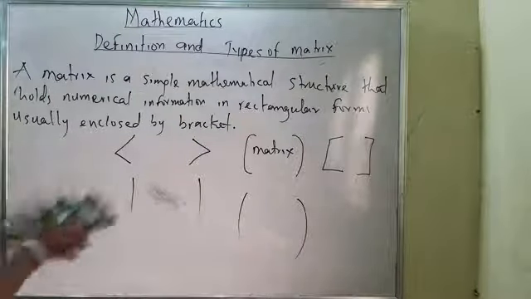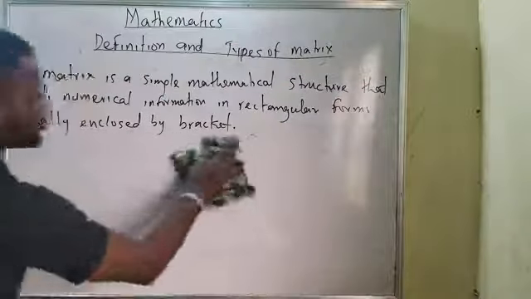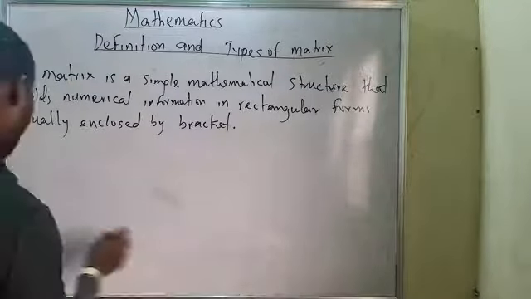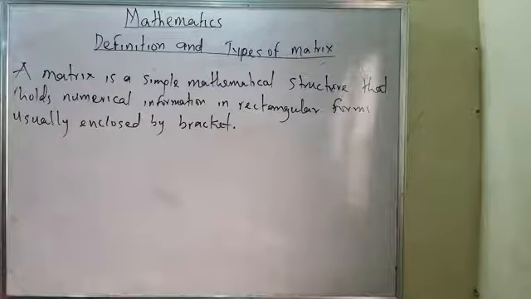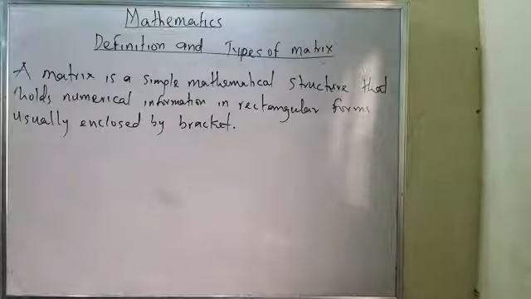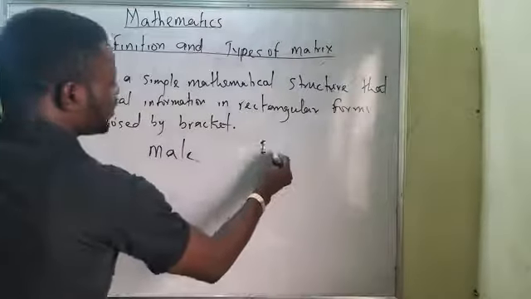Also note that I've explained that a matrix is just enclosed by brackets. Now, how do we generate a matrix? For instance, when I have a school, let me pick out SS students. In SS students, I have male and I have female.